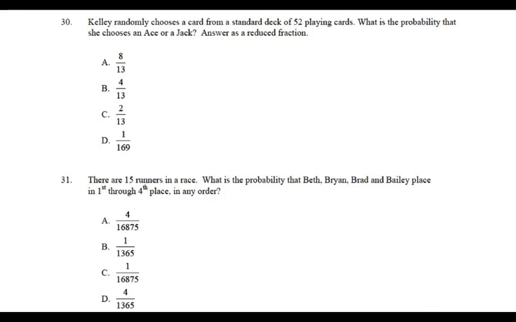Kelly randomly chooses a card from a standard deck of 52 playing cards. What is the probability that she chooses an ace or a jack? Answer as a reduced fraction. So there are 4 aces in your standard deck of cards. So that's 4 out of 52. Now with the or probabilities, you're going to add the probabilities together and subtract any overlaps.